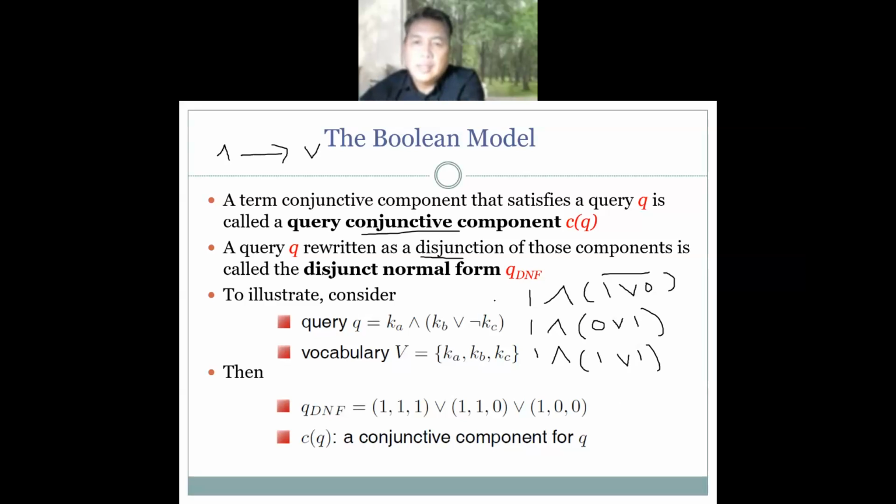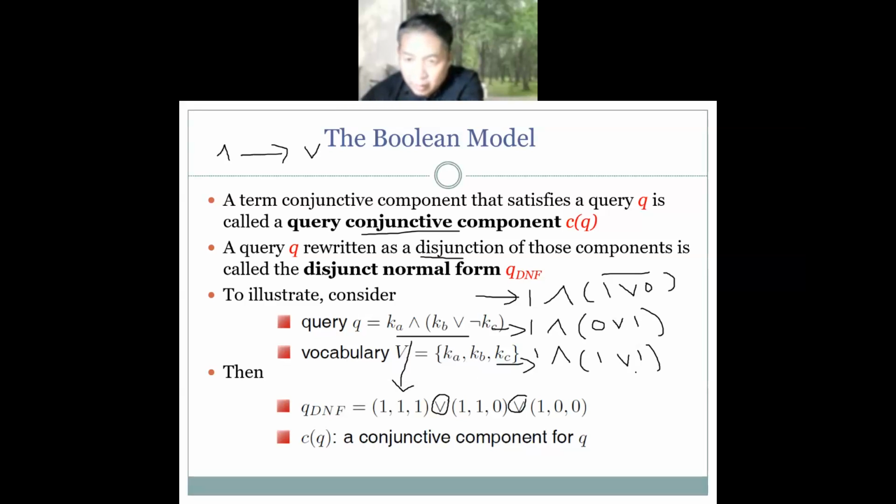So either you have this or this or this, that's why we have this OR. So this query is in the conjunctive component, and we translate it into disjunctive component.